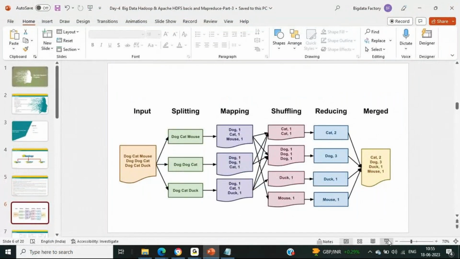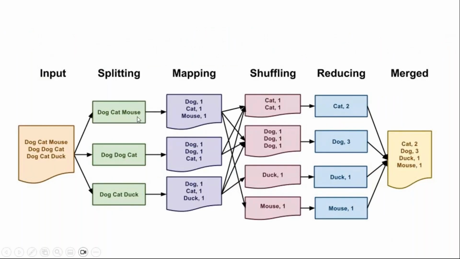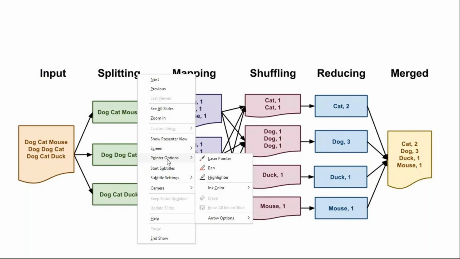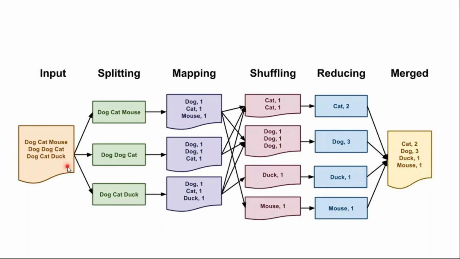Just have a look. We are passing data that has certain animal names: dog, cat, mouse, dog, cat, dog. The splitter has split this data into three blocks. First block dog, cat, mouse, second block dog, cat, and third block dog, cat, dog.